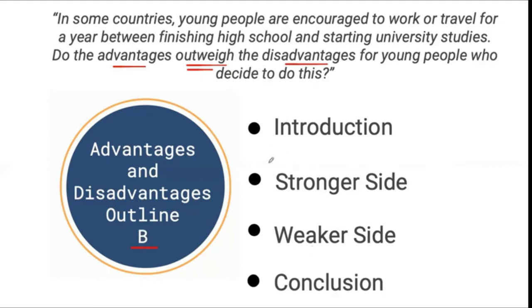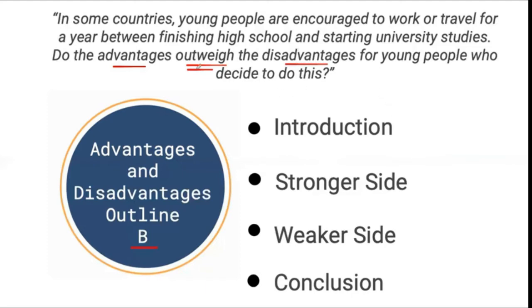Your outline will basically look like this. You'll have an introduction, a stronger side in your second paragraph, a weaker side in your third paragraph, and your conclusion will come last. So this question is not asking you to simply list off the advantages and disadvantages like outline A. In this case, you really have to make a decision on how you want to approach this writing prompt.